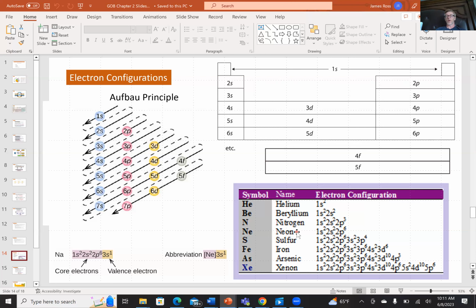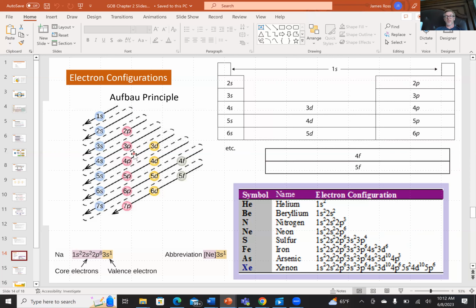And I'll post a video where I will go through a lot more examples of this holding up a periodic table. So just to keep this particular video as short as possible, I encourage you to look at neon through xenon, locate the atomic number in the periodic table itself, and then read from top left to bottom right as you go across, and follow the electron configuration according to the Aufbau diagram and this diagram.